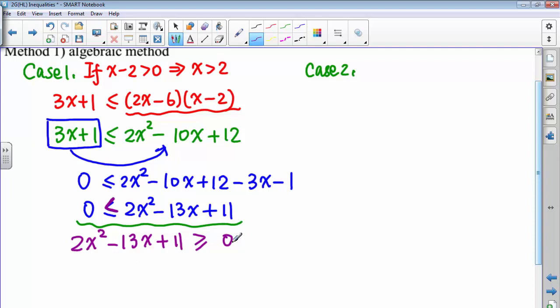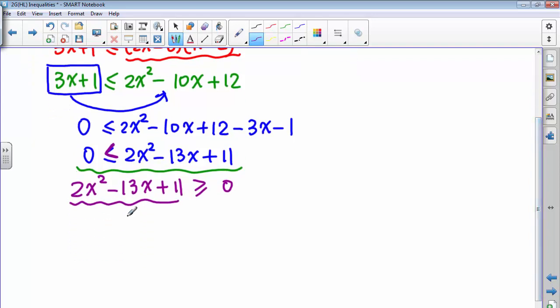Okay, so right now, based on this format, I can factorize this trinomial. You can use the AC method or the cross method to factorize this one fully. So this one should be 2x minus 11 times x minus 1 is greater than or equal to 0.